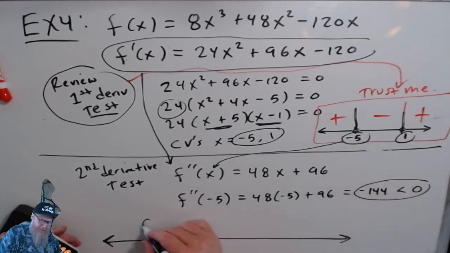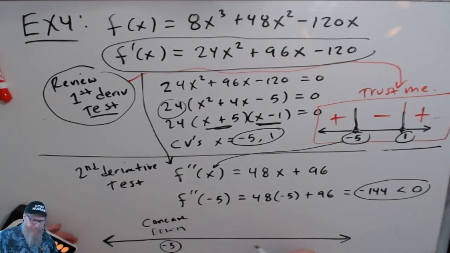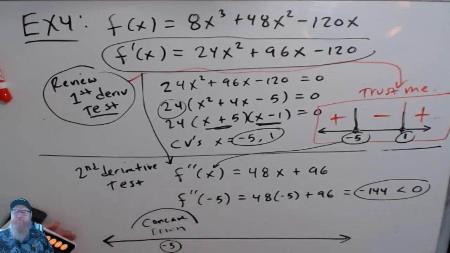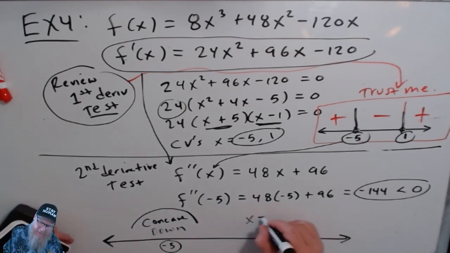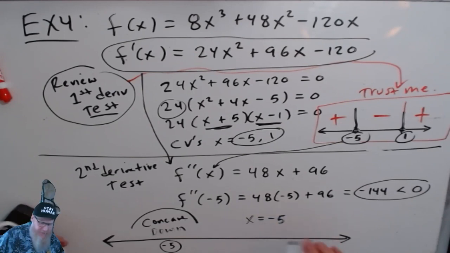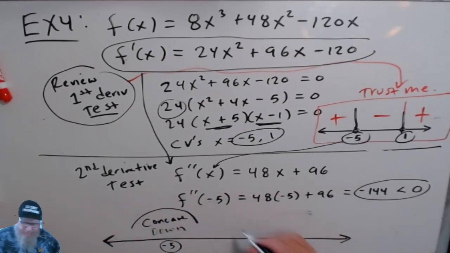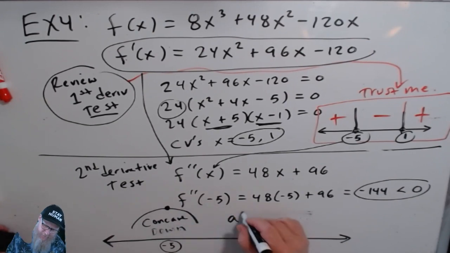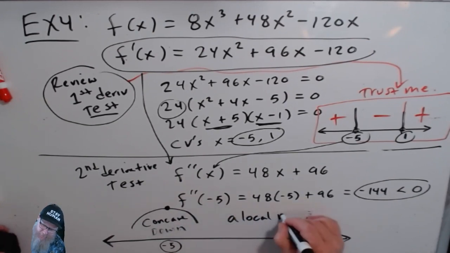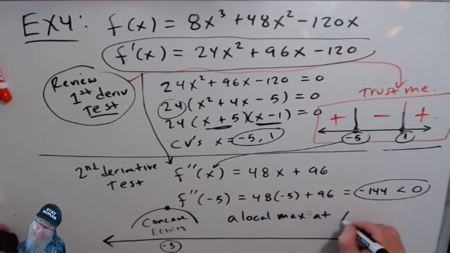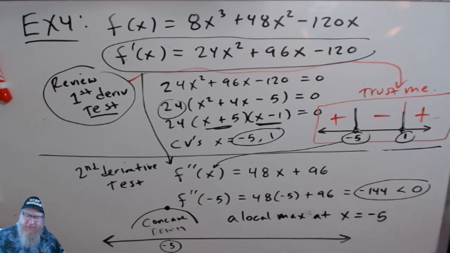So that means it's concave down, like this. And so that means that at x equals negative 5, there is a maximum.